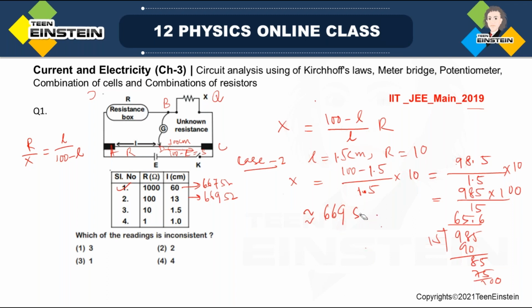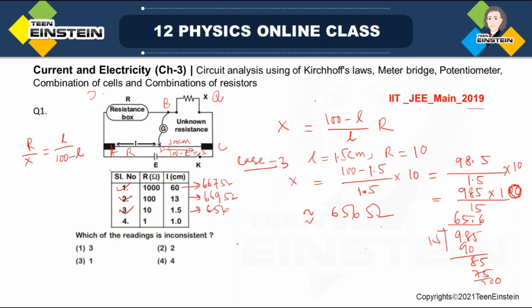This is actually 98.5. So if I multiply that by 10, it will be like this, and here it will be 10, not 100. That's how you will get nearly 656 ohm. Okay, this is the third reading. So all three are actually coming nearby.